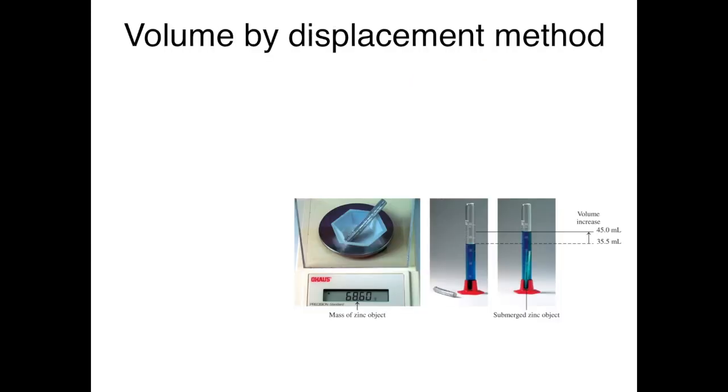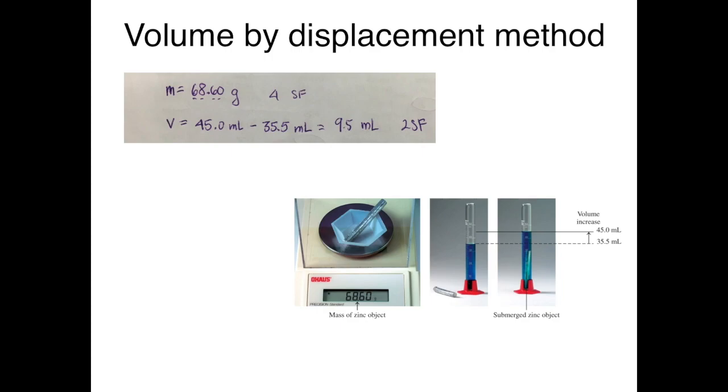So let's just use this problem and solve it. Again, let's state what we know. We know that the mass is 68.60 grams. This is a measured number from a digital scale, so all 4 numbers are significant figures, keeping that in mind. Then we find out its volume. You take 45.0 minus 35.5.